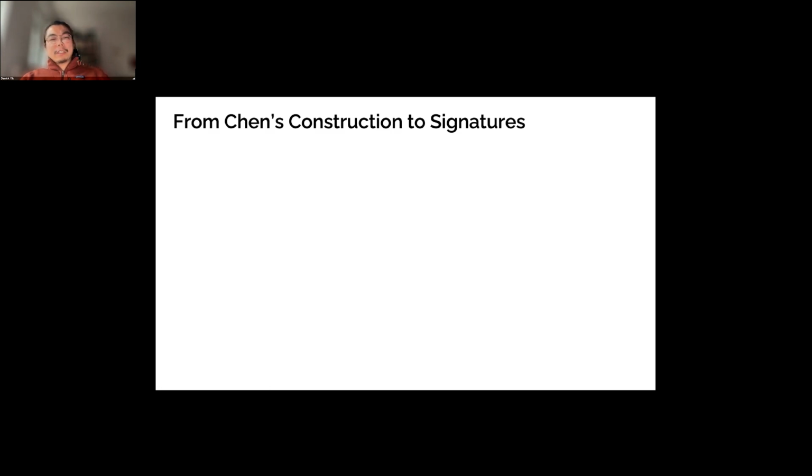So Chen's construction is a way of studying smooth path spaces and loop spaces. In this section, I'm going to denote PRn to be smooth paths from the unit interval into Rn, just to be able to talk about things like differential forms without having any difficulties.